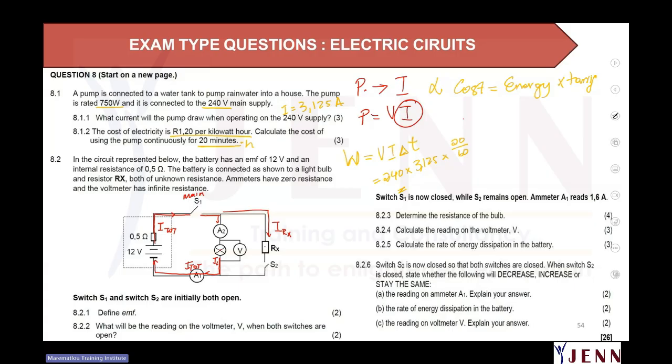Or let's just keep it as 20 times 60, but let's continue. It gives us 253,2 watt, but we want it in hours.